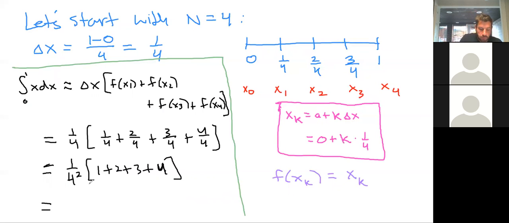So I'm going to write this and use the pattern. This is 1/4 squared, times n, which is 4, times 5/2.